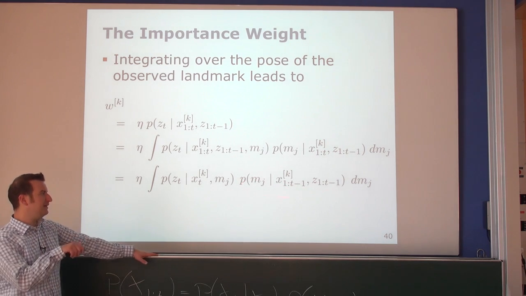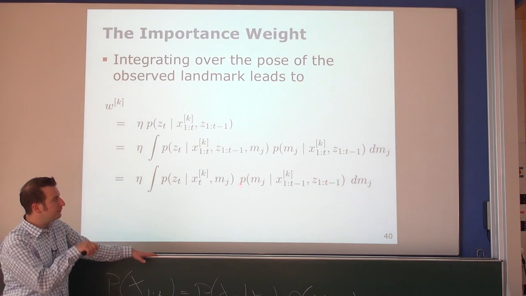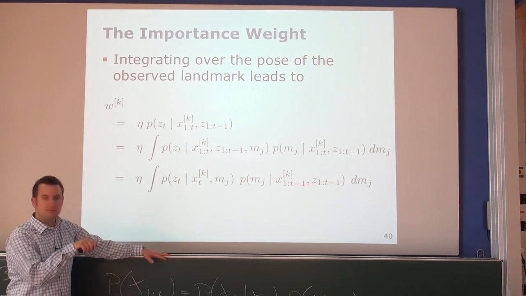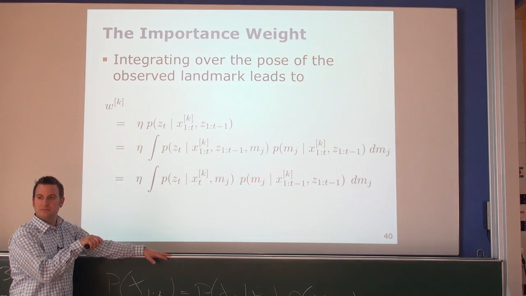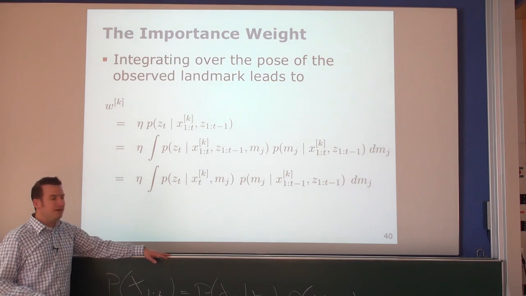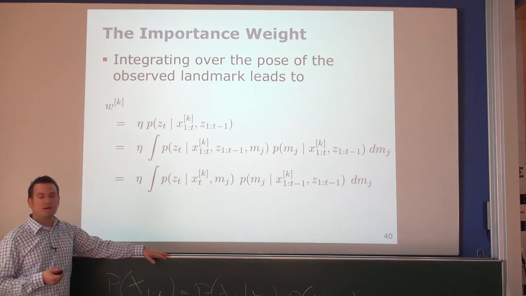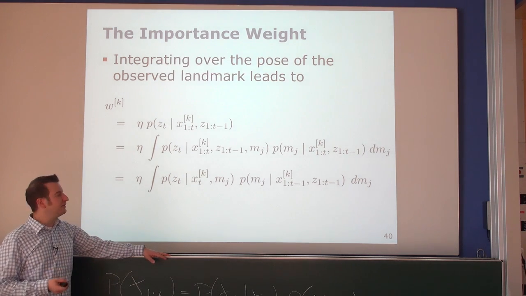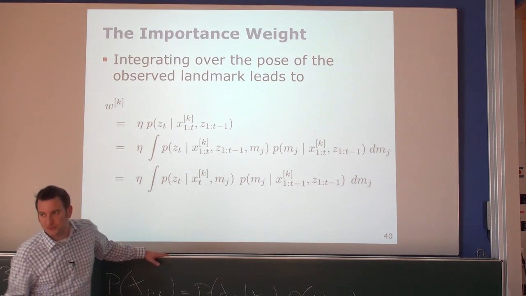Okay, so what do we have in here? Which problem is this one? Estimating the location of a single landmark, given our observations and given the poses. Mapping with known poses.